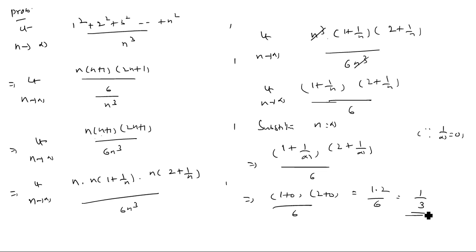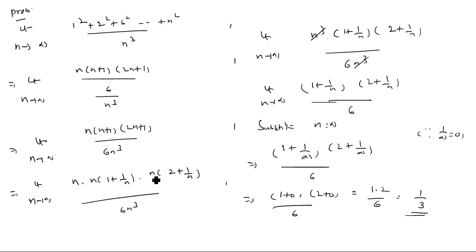Here we don't know the direct formula, so first it will be converted into the sum of squares formula, that is n into n plus 1 into 2n plus 1 by 6. And for this part, what is the degree of n? n is equal to 1. Taking n as common, we get 1 plus 1 by n, and similarly taking n as common here, we get 2 plus 1 by n.